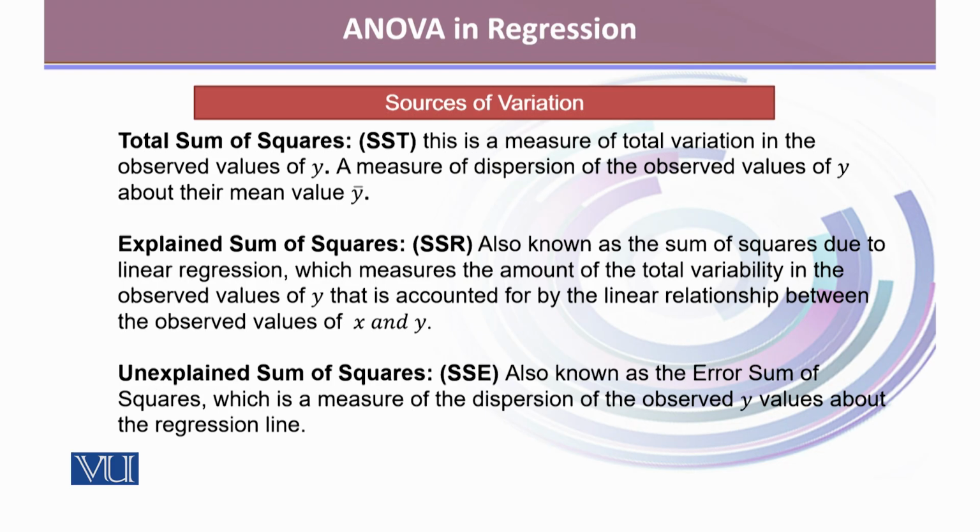And thirdly, the unexplained sum of squares, abbreviated as SSE, also known as the error sum of squares, which is a measure of dispersion of the observed values yi about the regression line. It's very important to mention that the unexplained sum of squares can also be recognized as the residual sum of squares. So we use various terminologies for the sum of squares of error.